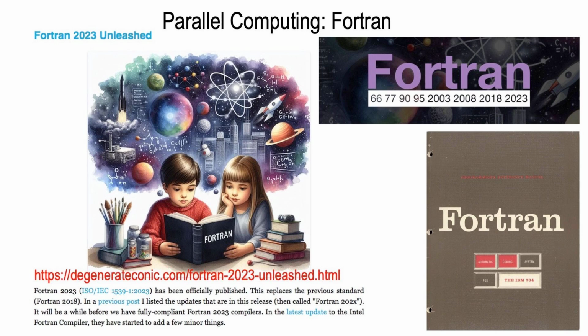The iFort compiler, short for the Intel Fortran compiler, is developed and distributed by the Intel Corporation. It forms part of a comprehensive set of compilers, libraries, and tools tailored for high-performance computing, artificial intelligence, and data analytics. Specifically, the iFort compiler focuses on transforming Fortran source code into executable binaries.